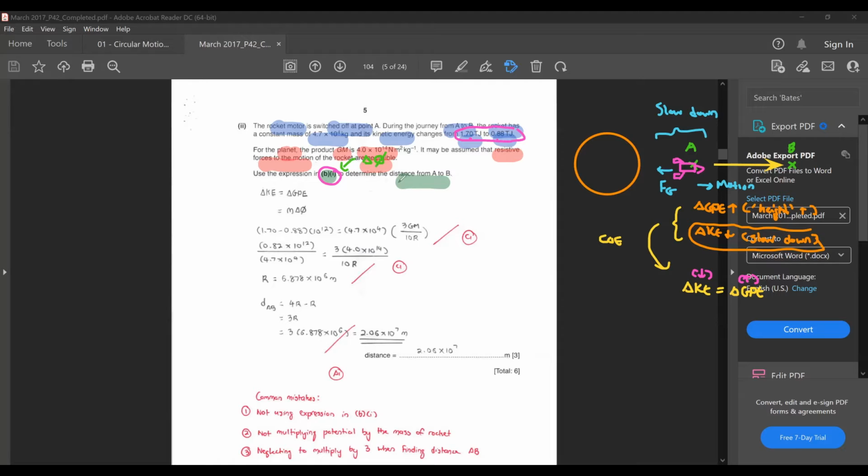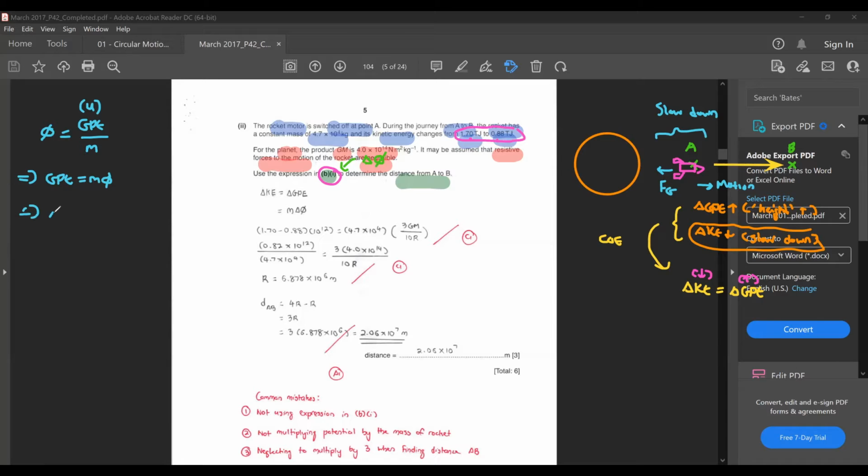So this one, how do you relate it to GPE? You can make use of how potential was defined in the first place. Potential, just now I mentioned to you, was GPE over M, or rather it's U over M. This one you don't substitute in the GPE, you just think it as it is. Potential at the point is equal to the GPE at that point divided by the mass, so GPE becomes mass times the potential at that point.